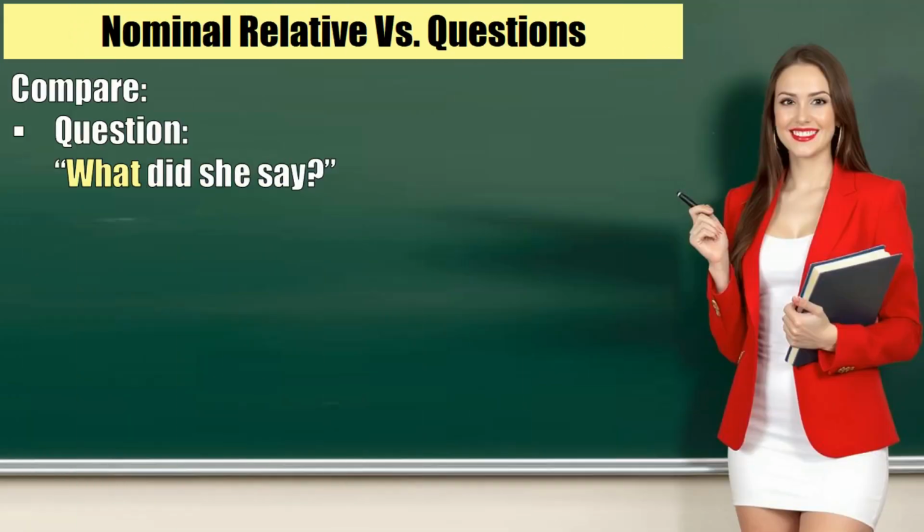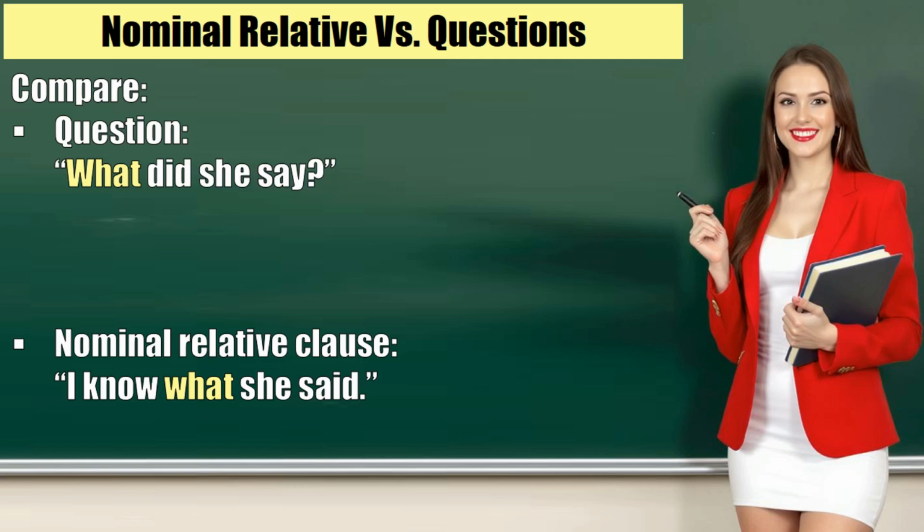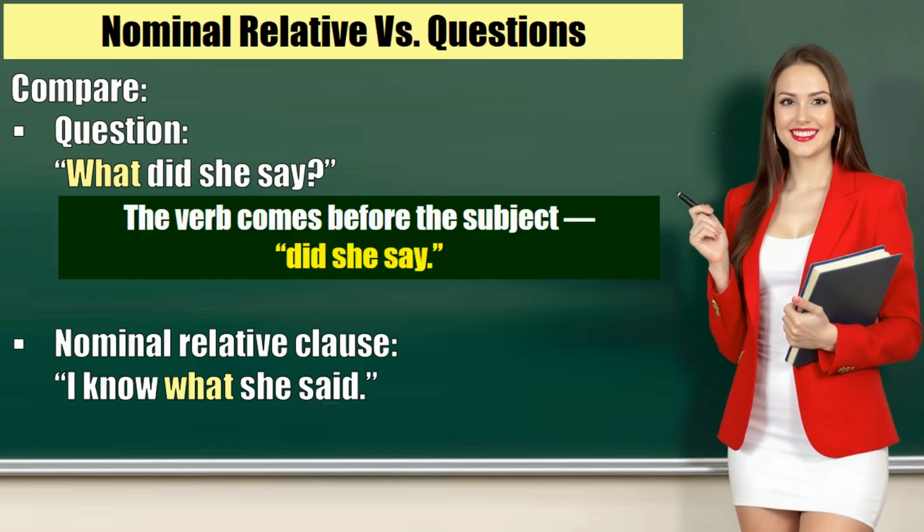Now let's talk about something very important. Nominal relative clauses look like questions, but they are not questions. Compare. Question. What did she say? Nominal relative clause. I know what she said. Do you see the difference? In the question, the verb comes before the subject.